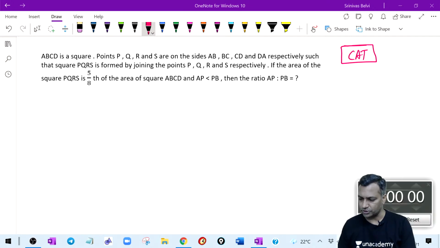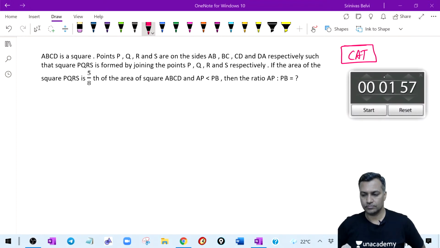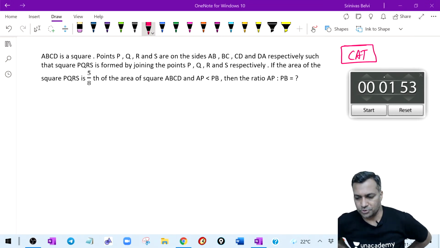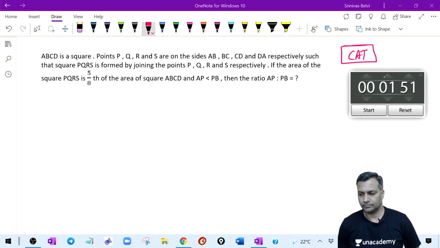I removed the answer options. There are options for all these questions. I just took off the options so that you think and write.